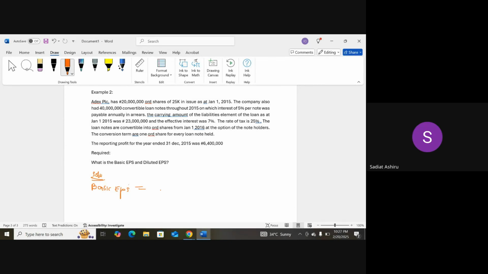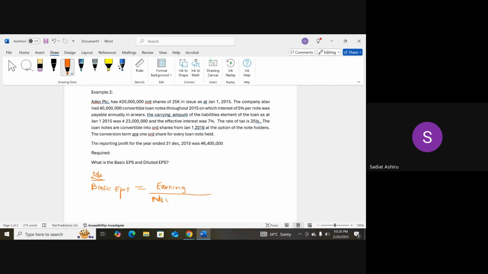Basic EPS, our usual formula now: earnings over number of ordinary shares. And don't forget that with this earnings, if there is a preference dividend, we remove it. Number of ordinary shares.